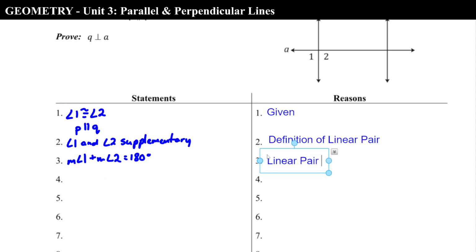And I think that may be the more appropriate one to list here. Okay, so let's look back at our given. We're told that 1 and 2 are congruent, so we know that the measure of angle 1 is equal to the measure of angle 2. And that comes out of the definition of congruence.